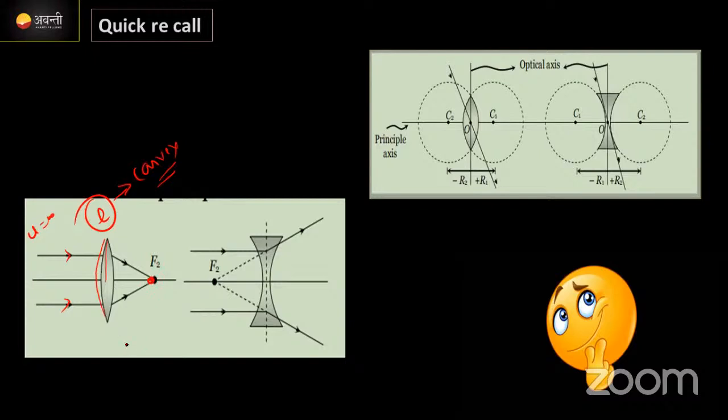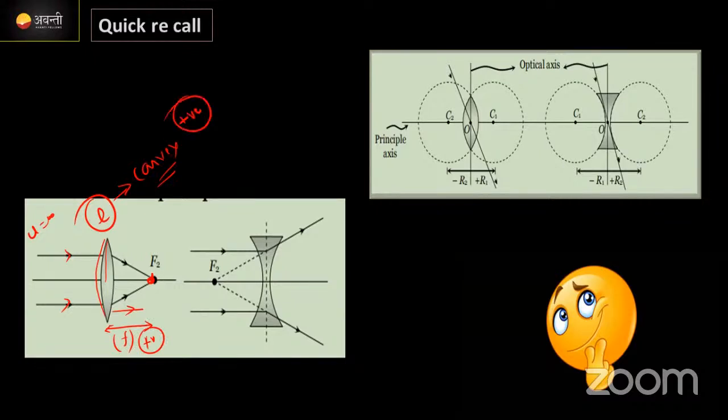This is called the principal focus of this convex lens. From the optical center to the principal focus, the distance is called the focal length F. Here the focal length is in the direction of the incident light, that's why we take it positive. And the focal length for a convex lens is always positive.